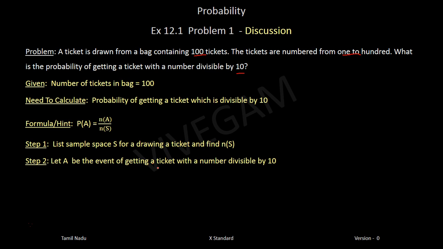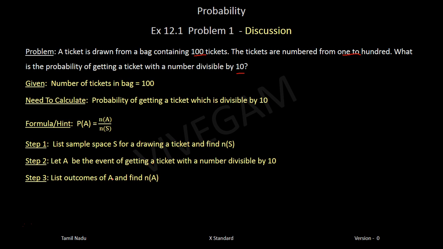Now the next thing we need to do is find all the favorable outcomes for A. Whenever you get a number divisible by 10, we say the event A has happened. By definition, A happens whenever you are getting a ticket which is divisible by 10.